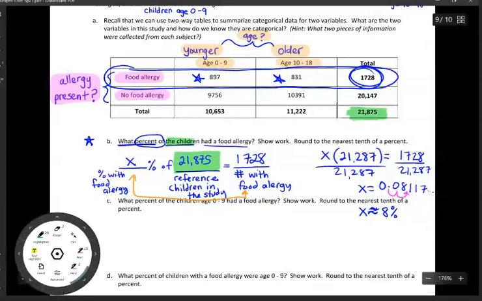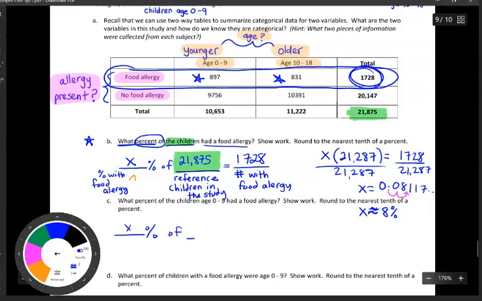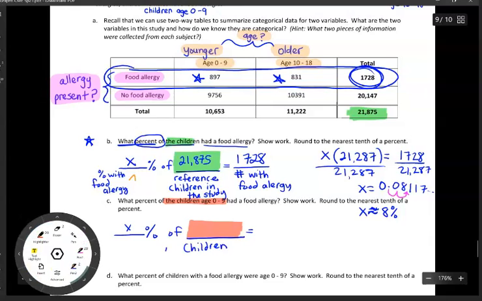Okay, now what does our next question ask? The next question is asking what percent, so again, that's going to be X percent of blank. What am I referencing this time? So what percent of the children age 0 to 9? So now my reference is going to be children age 0 to 9. So all children age 0 to 9.